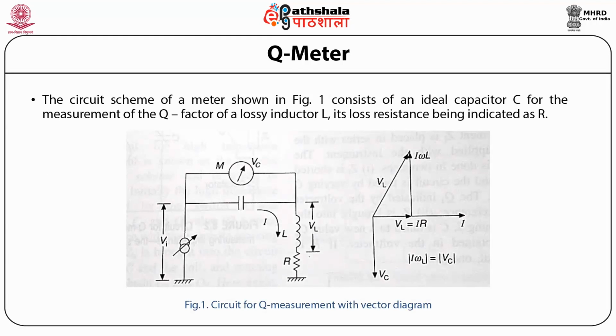The circuit scheme of a Qmeter is shown in the figure, which consists of an ideal capacitor C for the measurement of the Q factor in a lossy inductor L. Its loss resistance is indicated as capital R. Figure 1 shows the circuit for Q measurement with vector diagram.